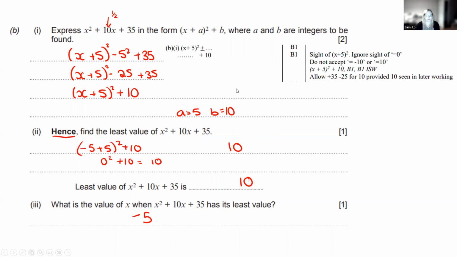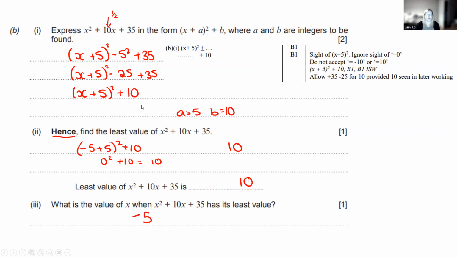So checking the mark scheme. I wonder if that, no, I've cut through, that's really lovely. So the first one, it shows B1 for the (x plus 5) squared, plus or minus something. So even if you haven't shown your workings, as long as you've got that 5, you're getting 1 mark. Your second mark then is for your plus 10.